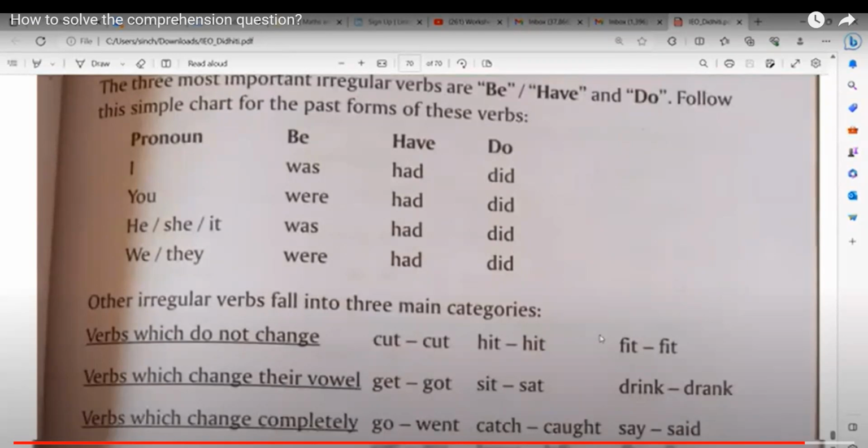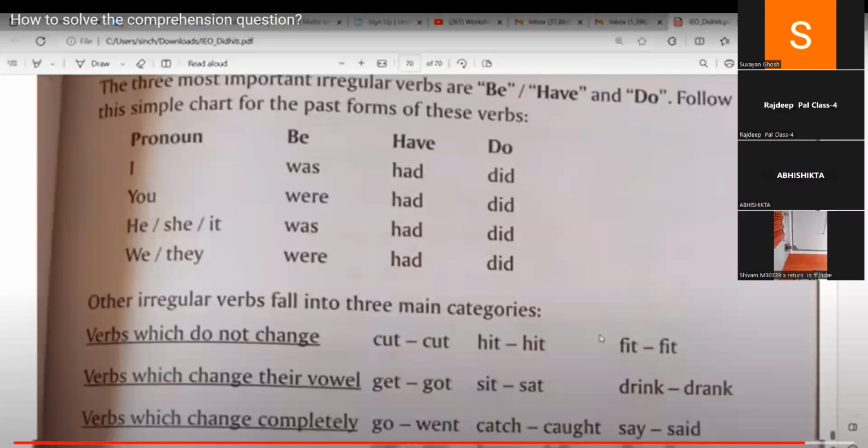Okay, Abhishekta, can you tell us what is a regular verb and what is an irregular verb? Verbs which change with d or ed are called regular verbs.